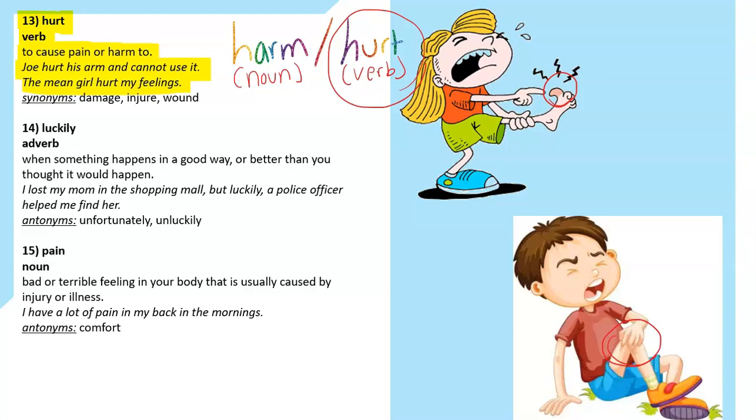But we use the word harm to talk about something that can cause your hurt. So something can cause you harm, like a rock on the floor can cause you harm, or water on the floor can cause you harm.